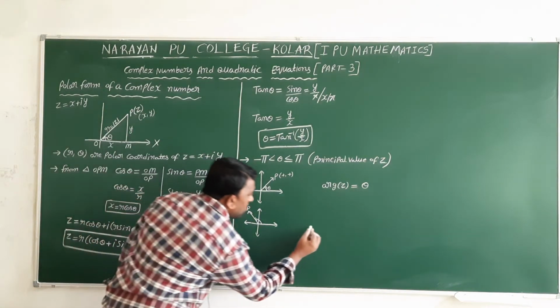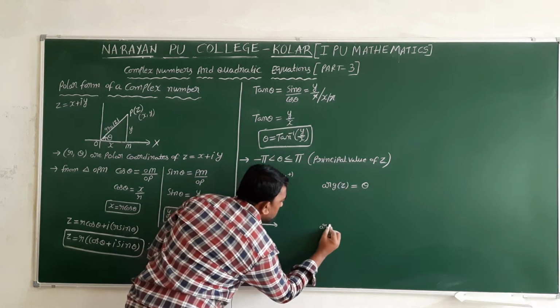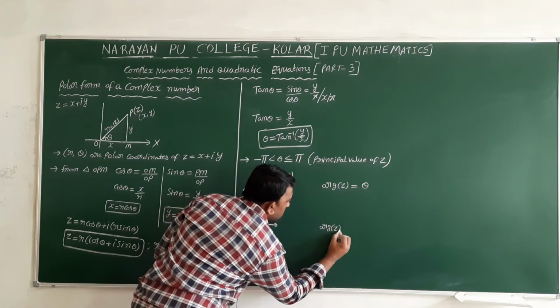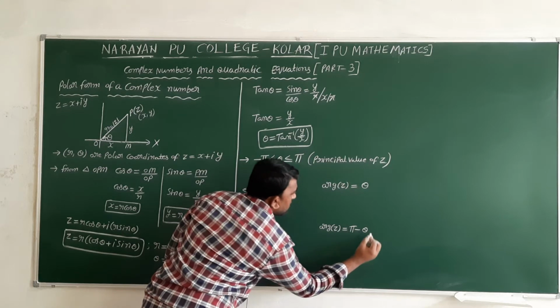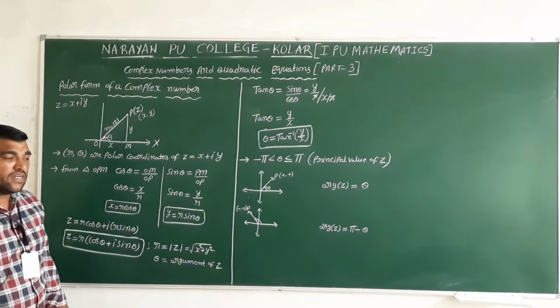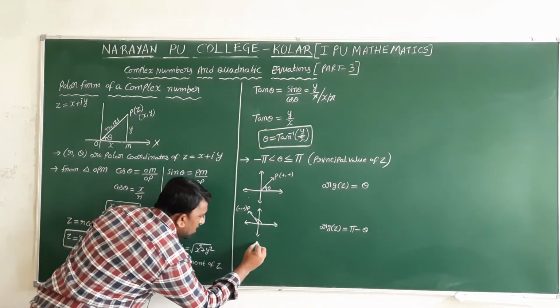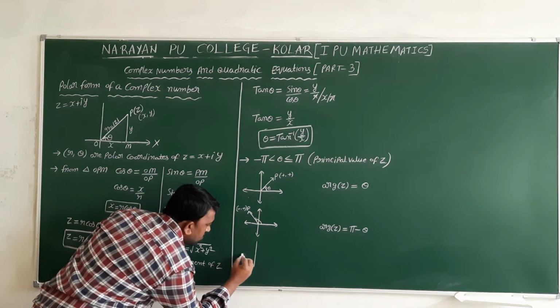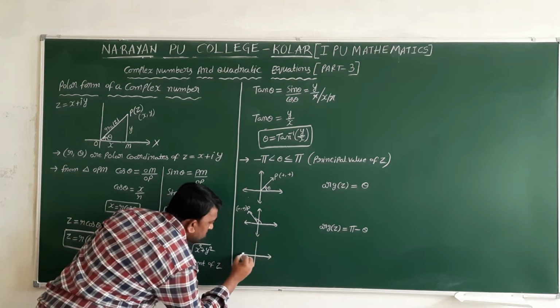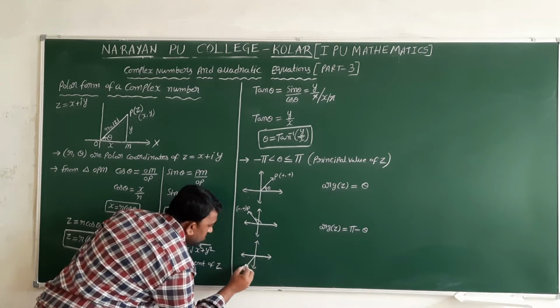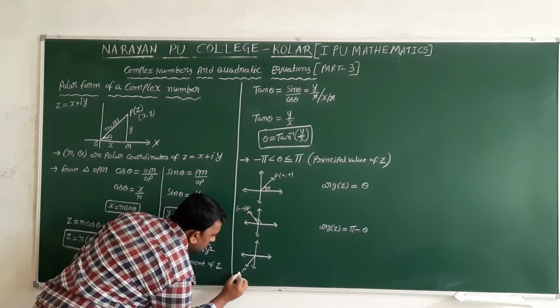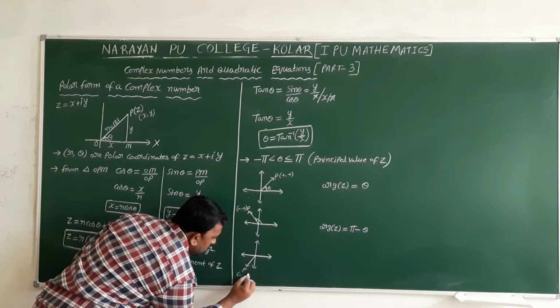At that time, the argument of z is pi minus theta. Suppose in the third quadrant, both are negative.